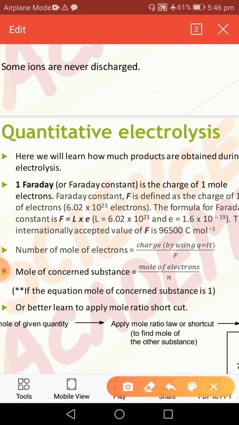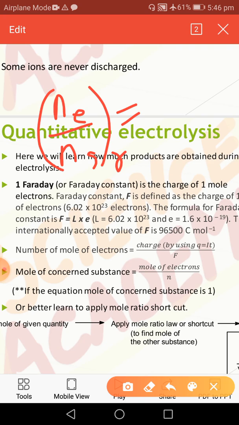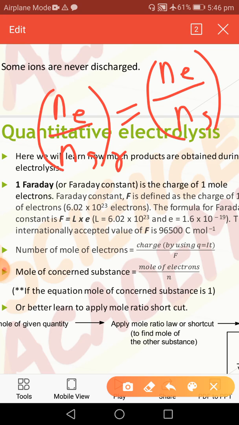Let me give you one more formula: number of moles of electrons by number of moles of substance from the raw data, where raw data means either you have to find it or the data is given in the question, will be equal to number of moles of electrons by number of moles of substance in the electrode equation. EQ means electrode equation.